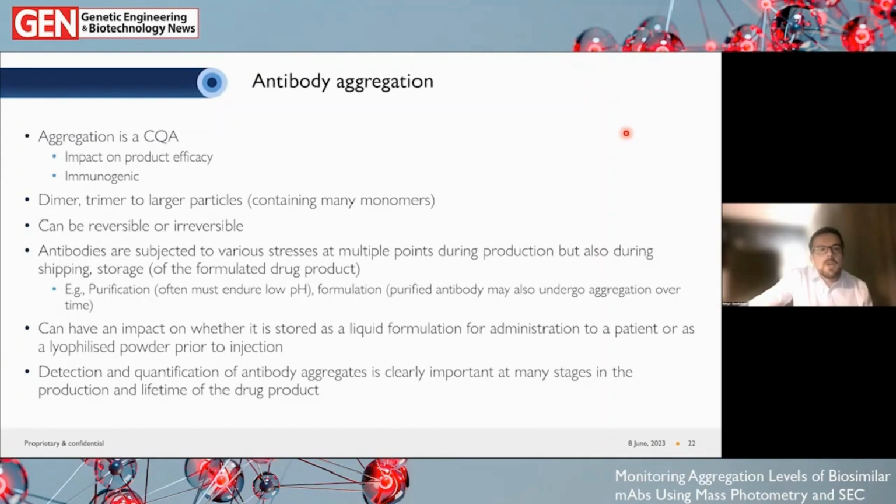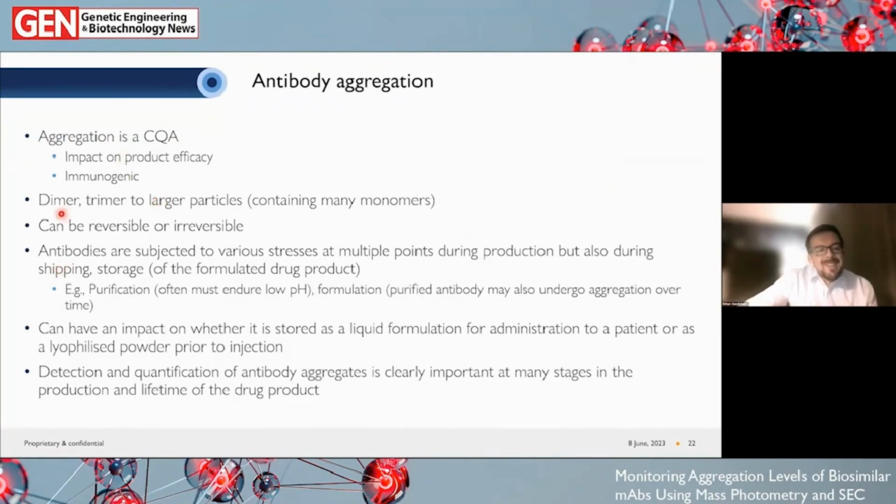Antibody aggregation won't come as much of a surprise to a number of the audience members in that it is often considered a CQA, and that's because it does have an impact on product efficacy, product potency, and product safety as well. There is a risk that these aggregates pose a safety risk because they are potentially immunogenic.